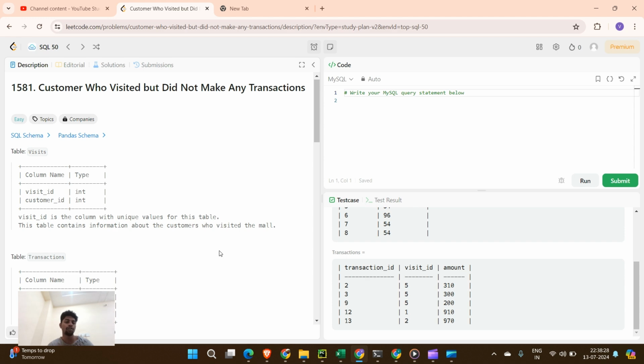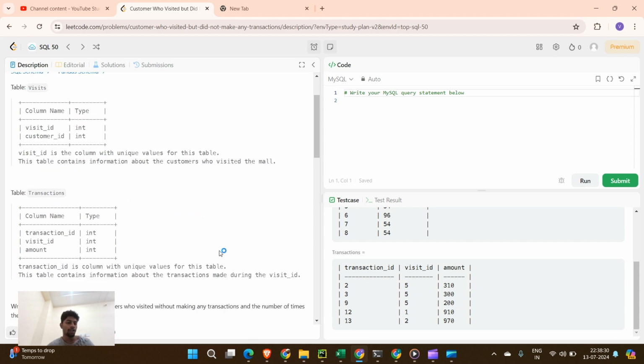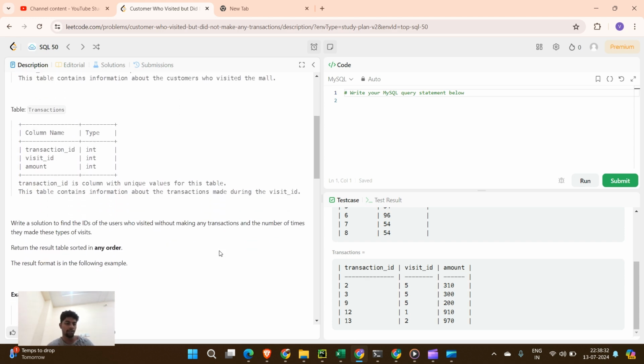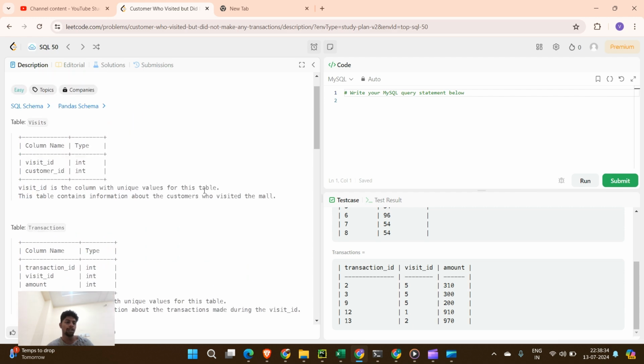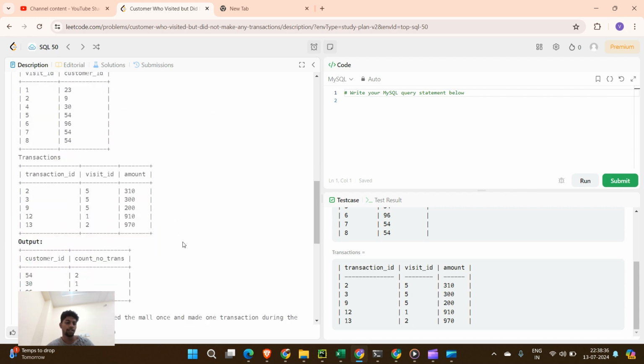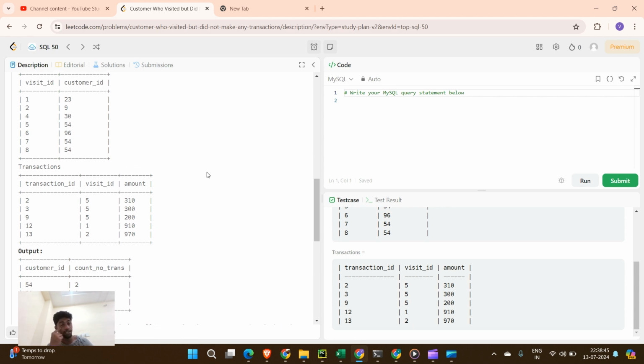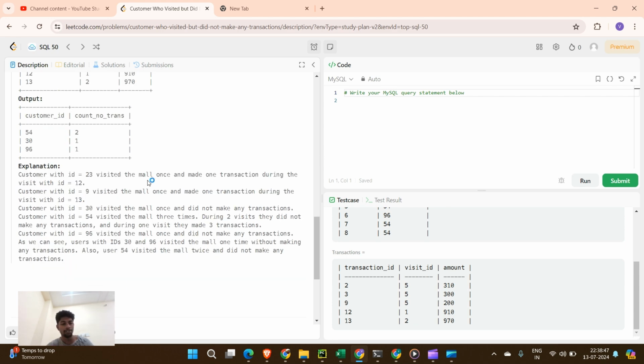So how are we going to solve it? Obviously we have to do some joins, because we need to understand the transaction ID also, whether it is null or not. My logic is this: they've given the explanation also.